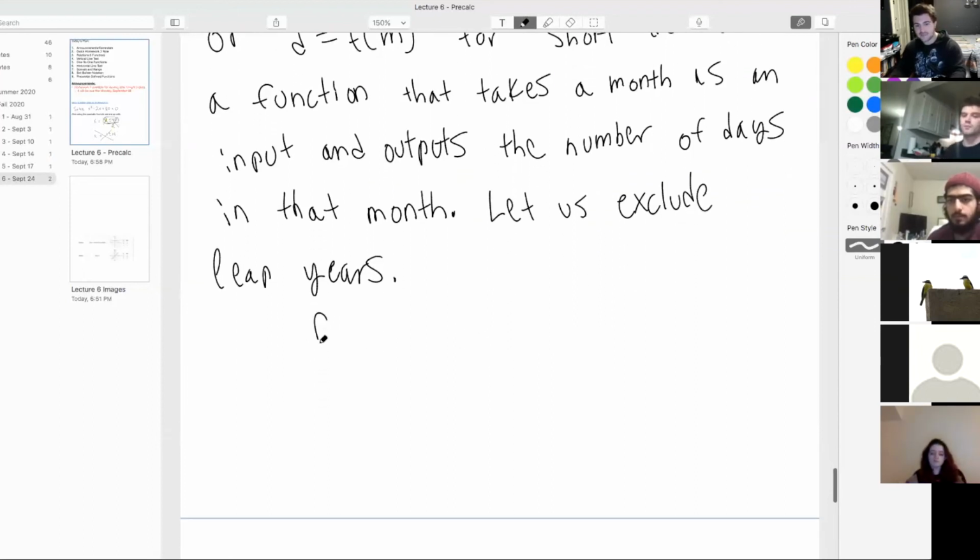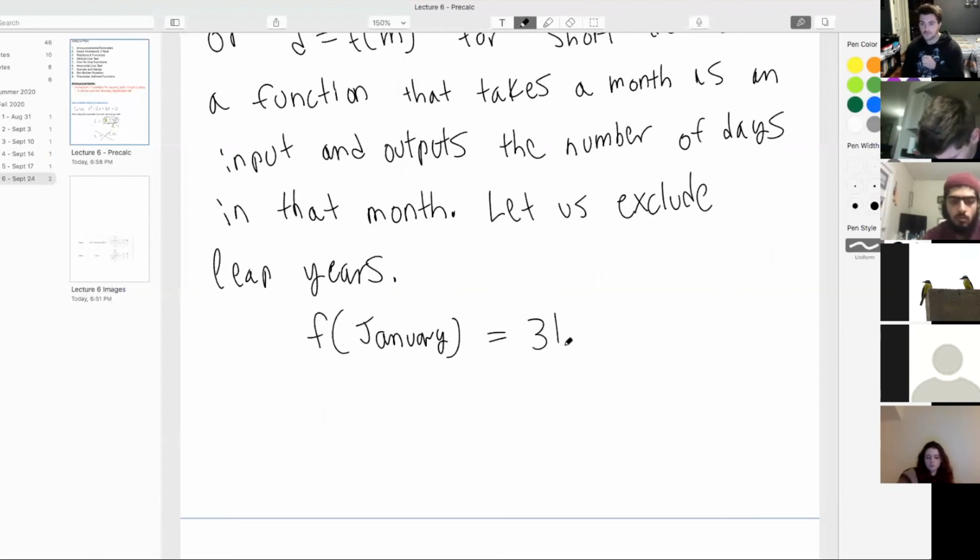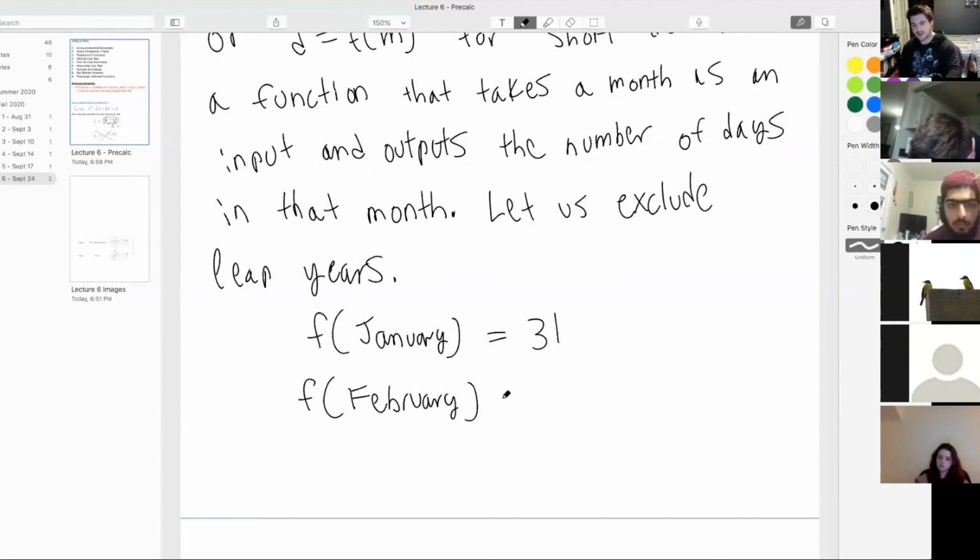For example, f of January will be the number of days in January, so that's going to be 31. And f of February? How many days are in February? That is 28.